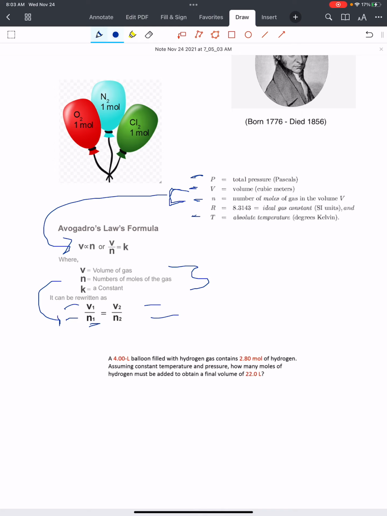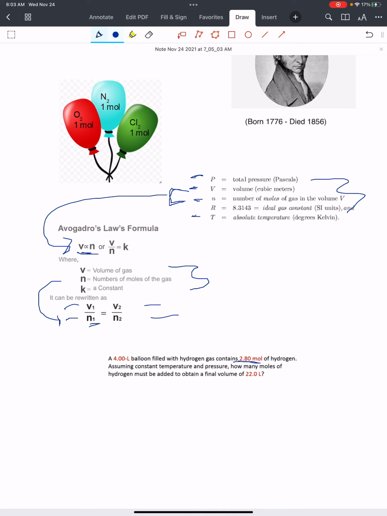So let's add this to a real life concept. A 4-liter balloon filled with hydrogen gas contains 2.80 moles of hydrogen. Assuming constant temperature and pressure, which we're just not going to add in the problem here, we're focused on volume and the number of moles.